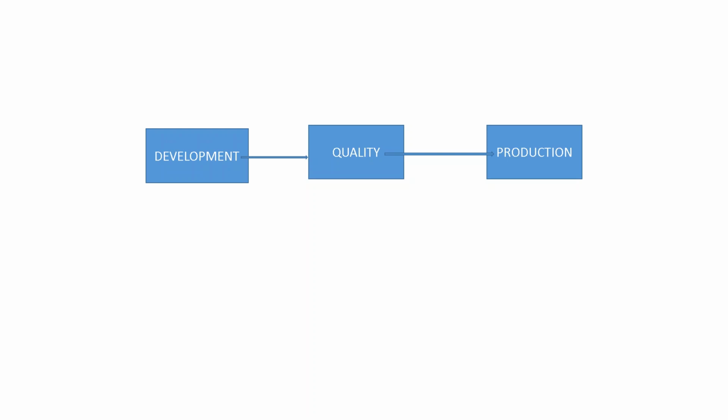Now later, development has some minimal data for testing. So in order to do some thorough testing, we will go ahead with something called quality. With quality we have a good amount of data, and we would frequently refresh our quality data with production data, at least quarterly or yearly.